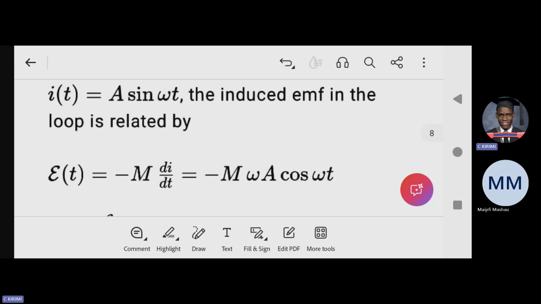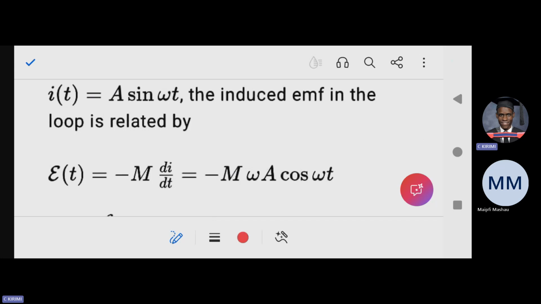So the M is the one they are referring to as the mutual inductance, which they said calculate. And also calculate the induced EMF.